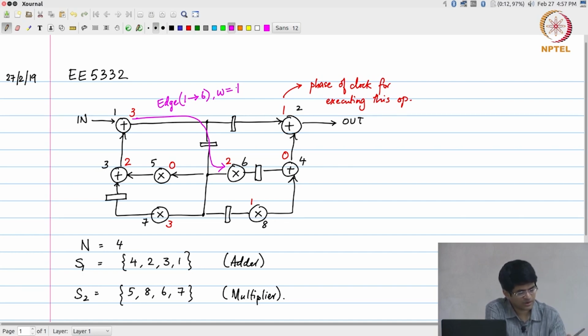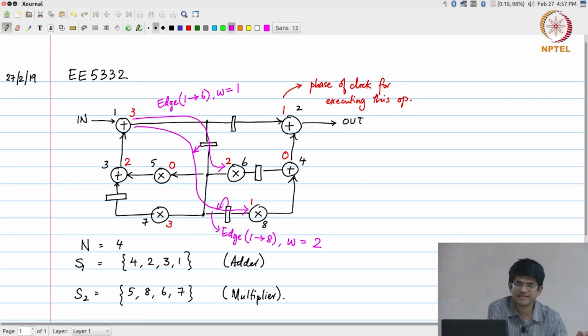Okay. Similarly, I have another edge that goes over here, this is an edge from node 1 to node 8, and it has W, the number of delay elements, equal to 2. Both of these delay elements, in other words, correspond to this magenta edge that I have drawn over here.